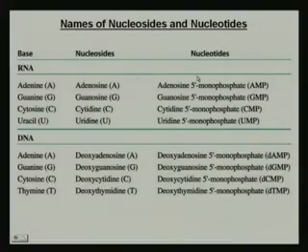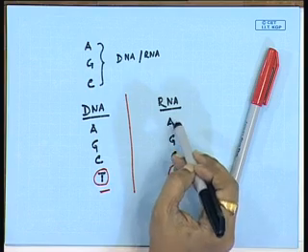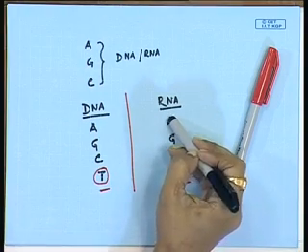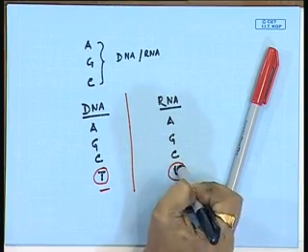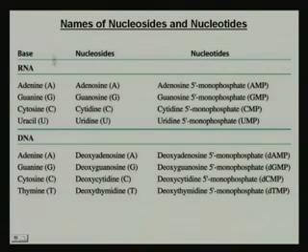So, when we are naming these nucleosides and nucleotides, how are we naming? In case of RNA, I have already told you that the nitrogenous bases are A, G, C and U. In case of nucleoside, we call adenine, guanine, cytosine and uracil as adenosine, guanosine, cytidine and uridine.